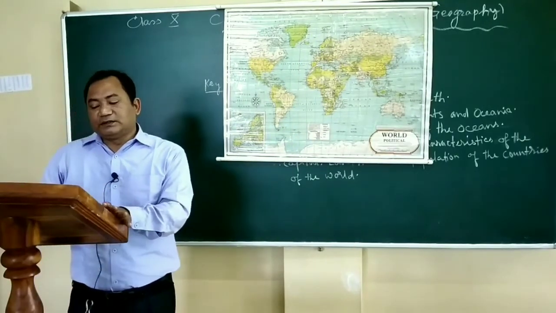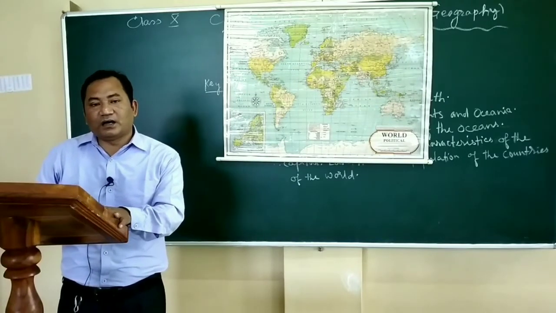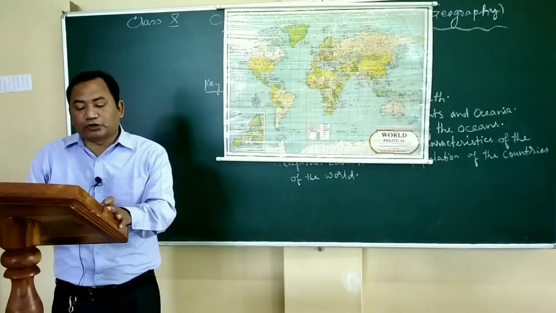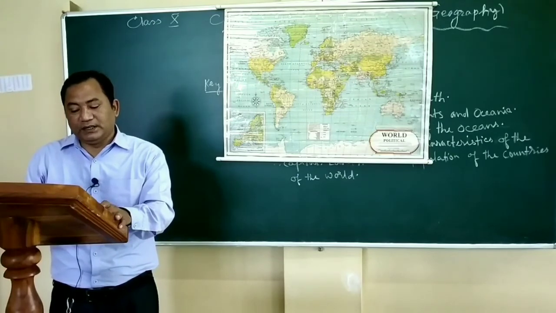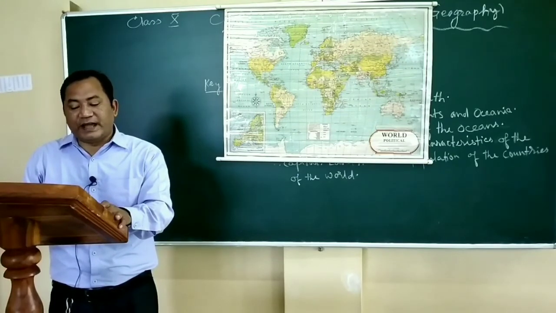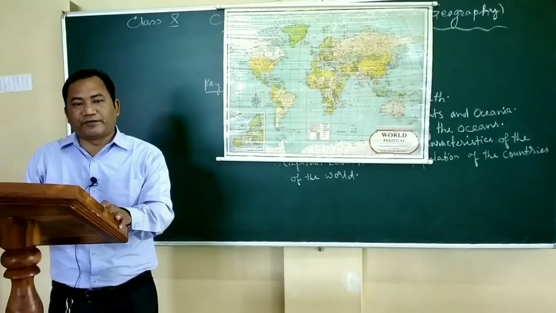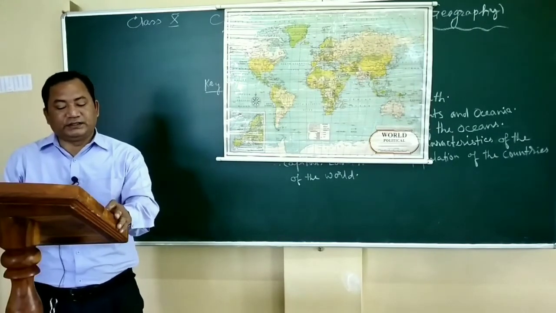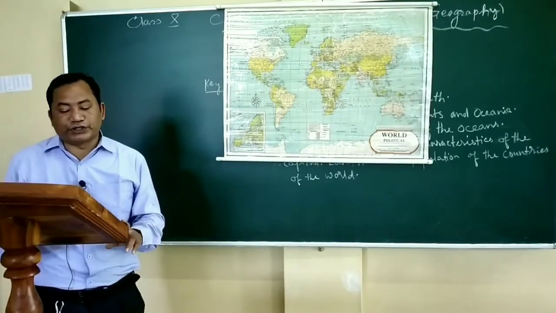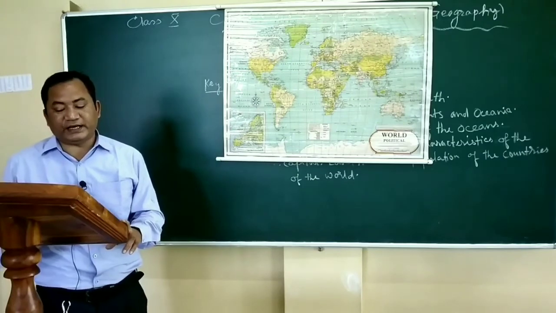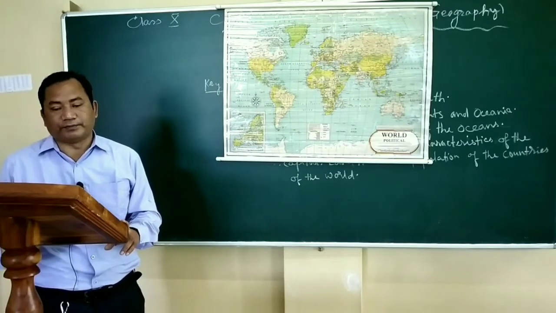In fact, the northern parts of Asia, Europe, and North America surround the Arctic Ocean. Its average depth is about 3,500 meters. Due to its location in the North Polar region, the Arctic Ocean remains covered with thick ice in most part of the year.